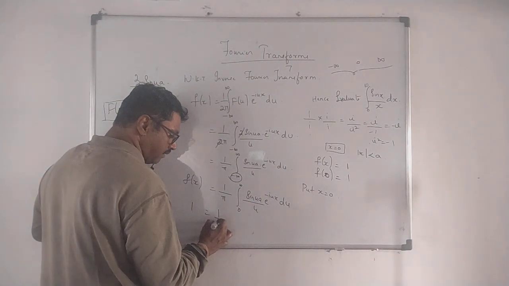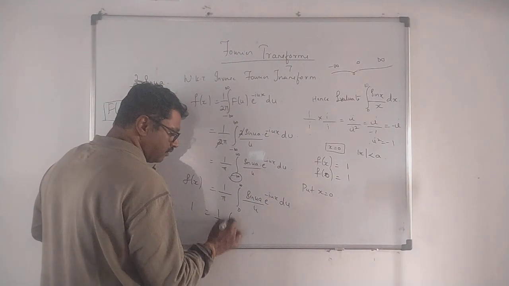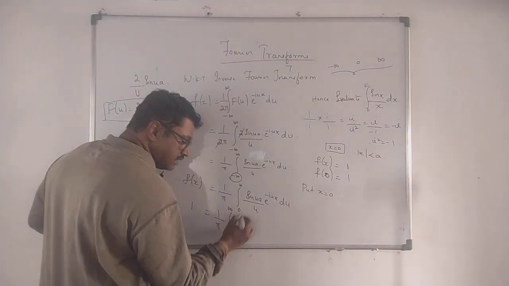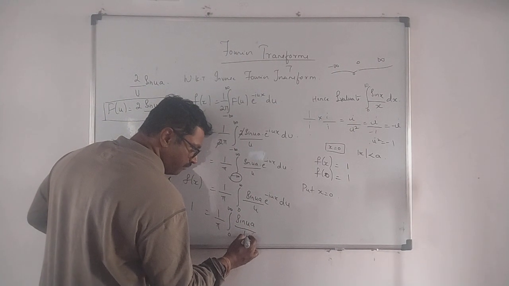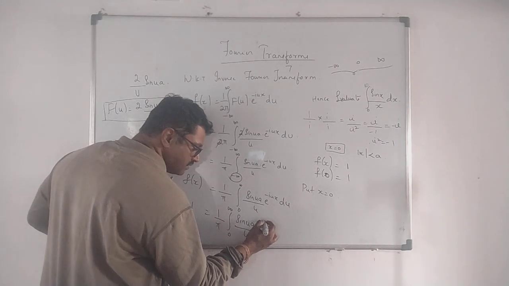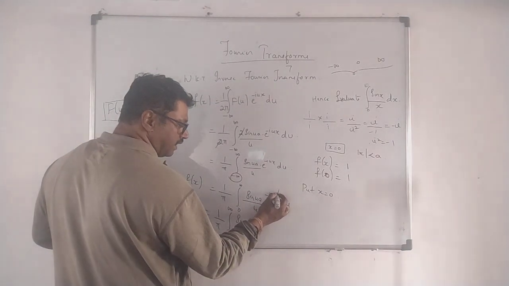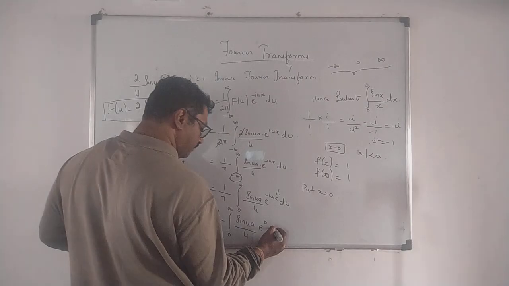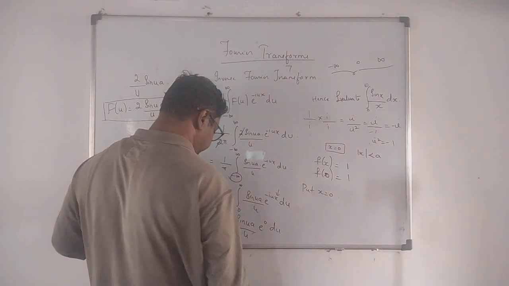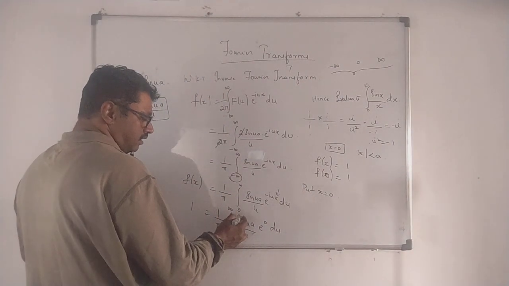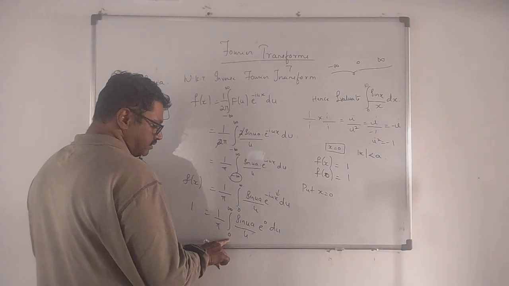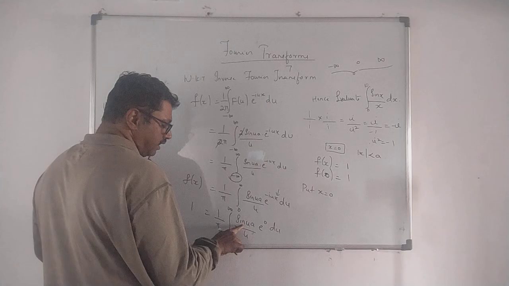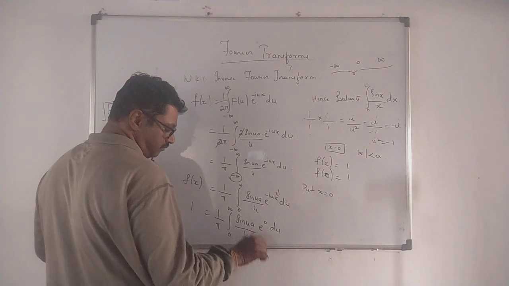Equal to 1 by pi, integral from 0 to infinity, sin ua by u e to the power of 0. If you supply x equal to 0, it will be 1. Understood? So this is how to solve the problem: 1 by pi, 0 to infinity, sin ua by u.